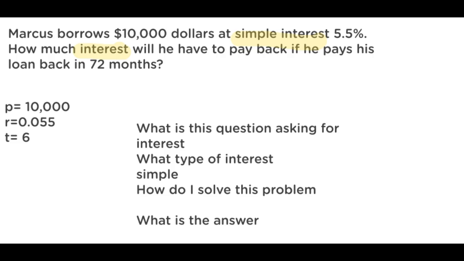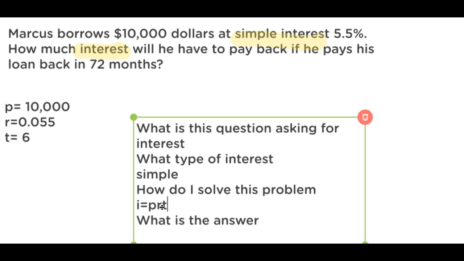What I'm looking for, guys, is for you to say that the formula is I equals PRT, which is 10,000 times 0.055 times 6.